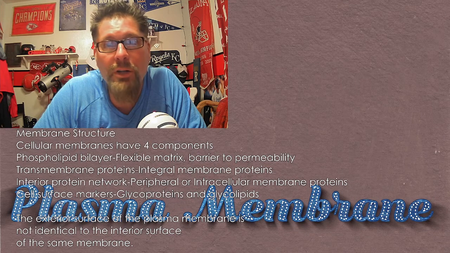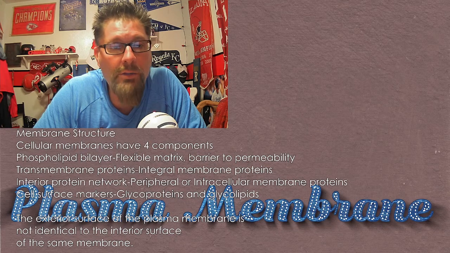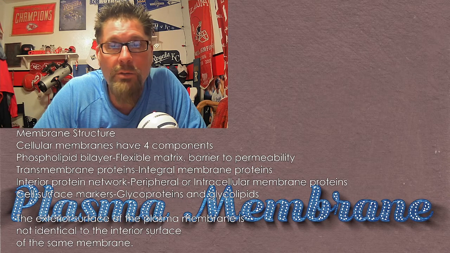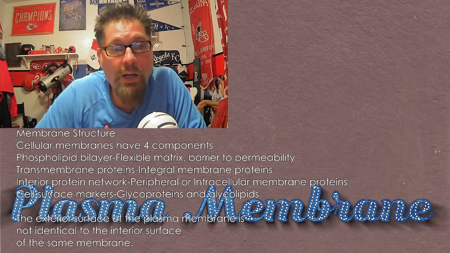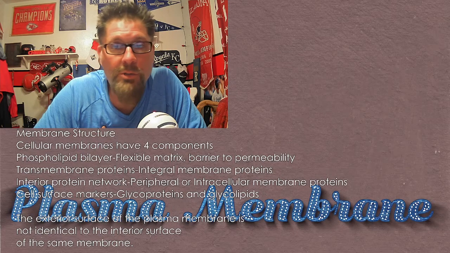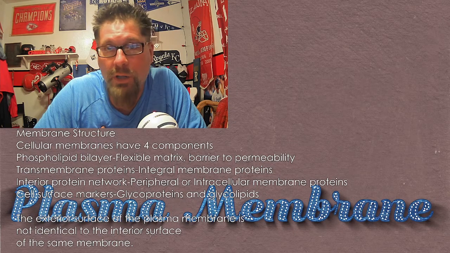So if a bacteria cell shows up, it just doesn't get automatic entrance. It's got to go through some checks and balances, some identification process, and of course the immune system is set up to recognize that foreign material and to take it out with those cell surface markers, as I mentioned, the glycos.